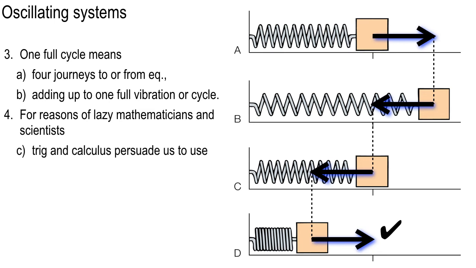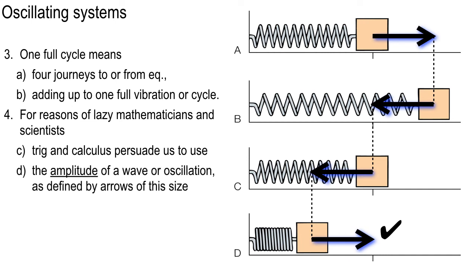So they decided that, since they have to do a lot of trig and calculus, it's easiest to call the amplitude of a wave the length of any one of these 4 arrows. So from equilibrium to max extension, from max extension back to equilibrium, from equilibrium to max compression, from max compression back to equilibrium, either one of those things.